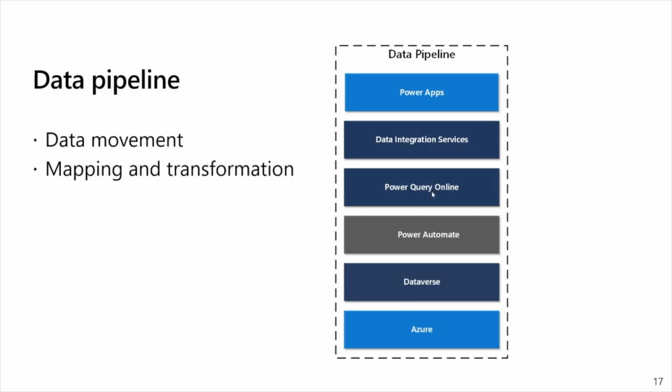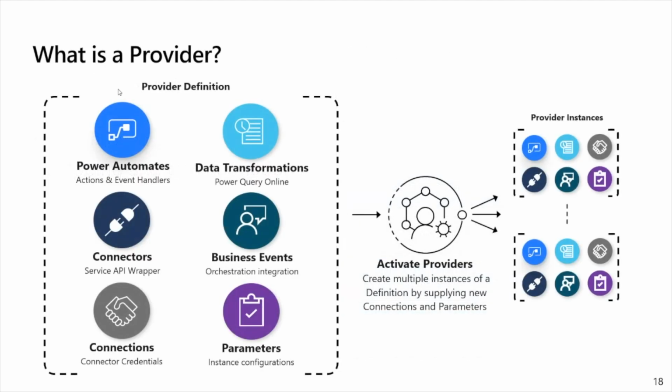This data pipeline is driven by Power Automate. So the connectors, and we'll talk more about that, is what a provider is. A provider definition is essentially the Power Automate flows that enable the actions and the event handlers. These are connected to the connectors. A connector on Power Automate gives us that API wrapper.